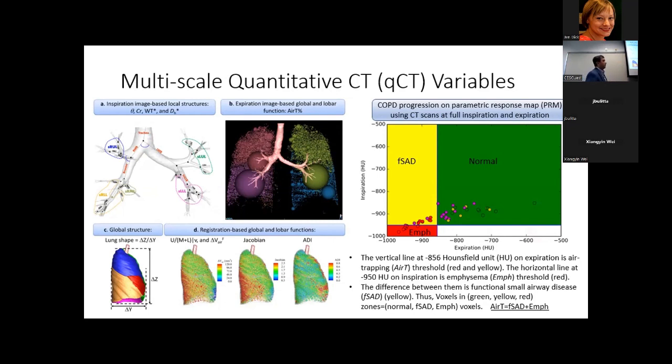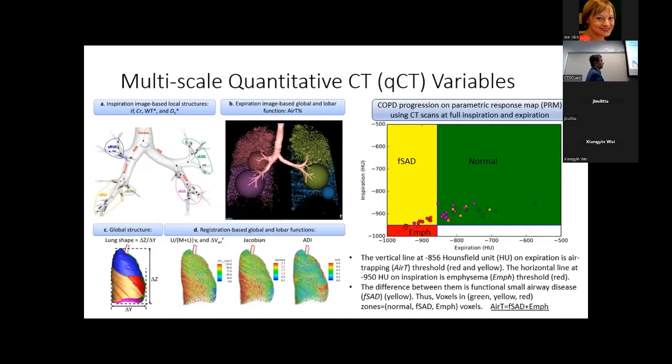If we register inspiration and expiration images, then we can further classify air-trapped voxels into small airway disease voxels, as you see on the right in yellow. FSAD stands for functional small airway disease. And red means emphysema.